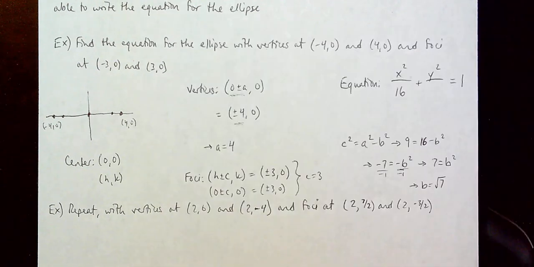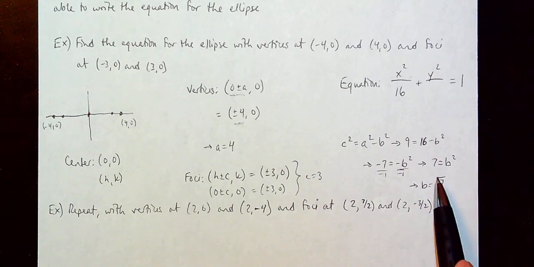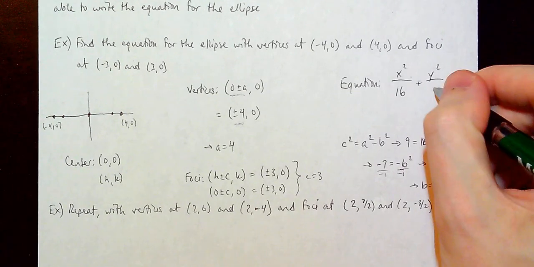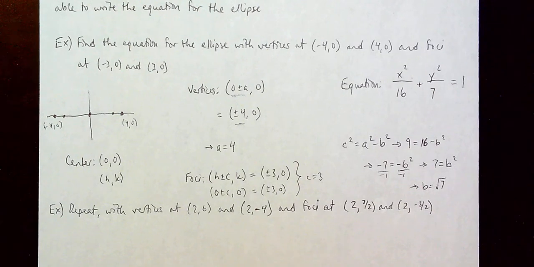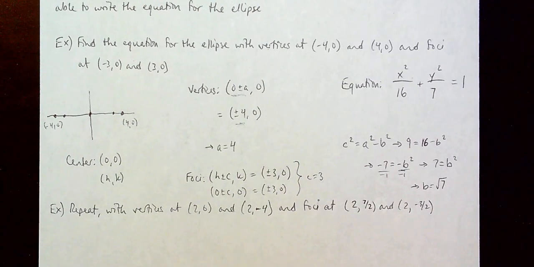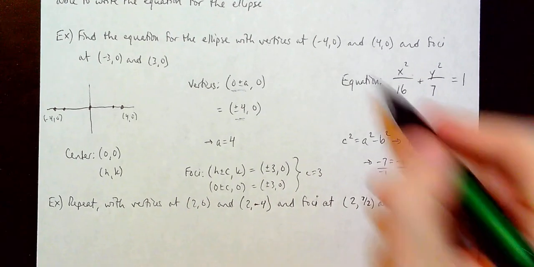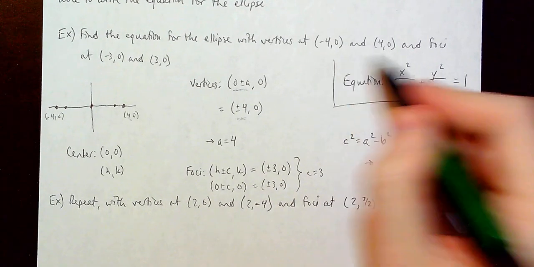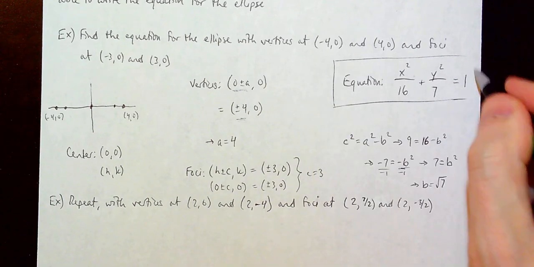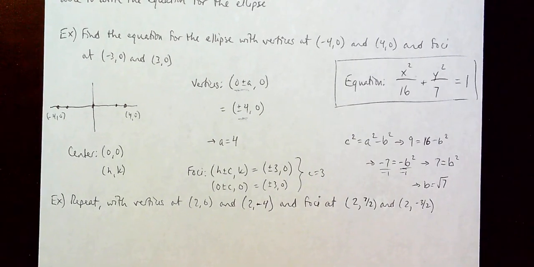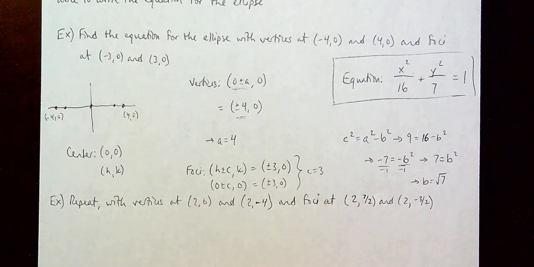So I could have just stopped right here and said, okay, that 7 is all I need. That's what goes there. But if you wanted the b value, that's what it would be. So here is the equation for this particular ellipse: x squared over 16 plus y squared over 7 is equal to 1.